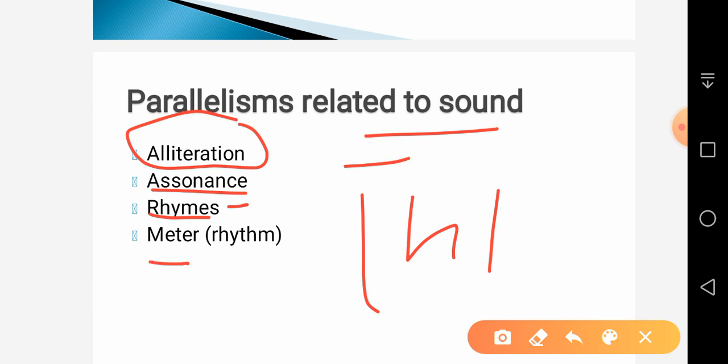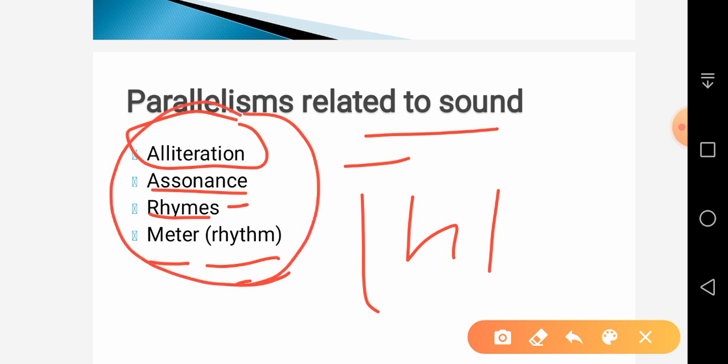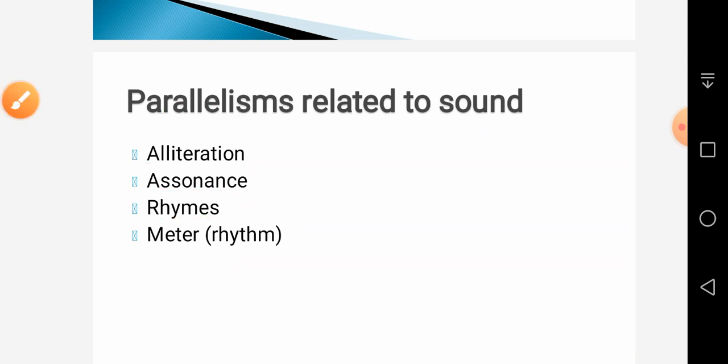In a poetic line, the poets bring in stressed and unstressed syllables in a very regular pattern. The time taken between stressed and unstressed syllables in a poetic line creates musicality and rhythm. So these are some of the parallelisms related to sounds.